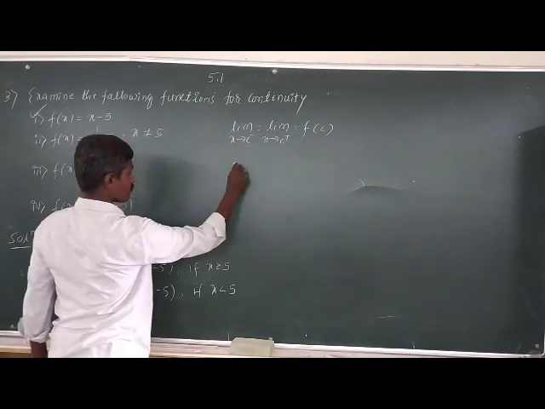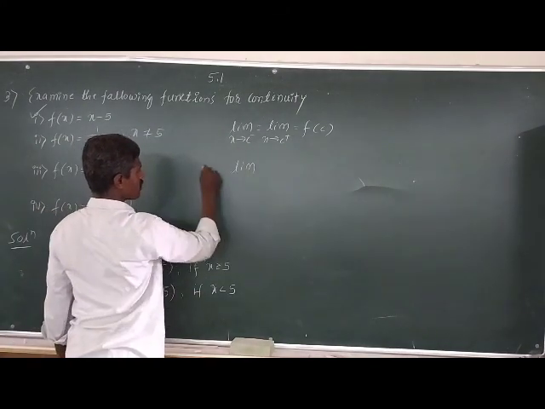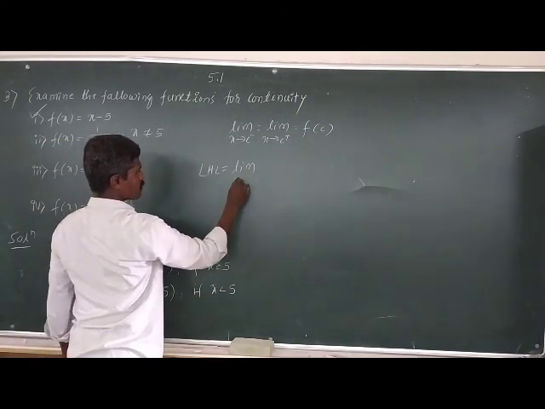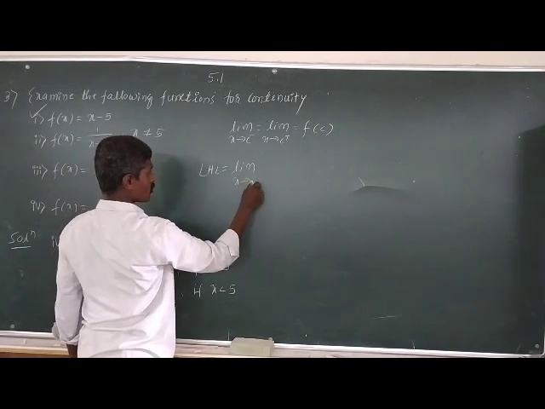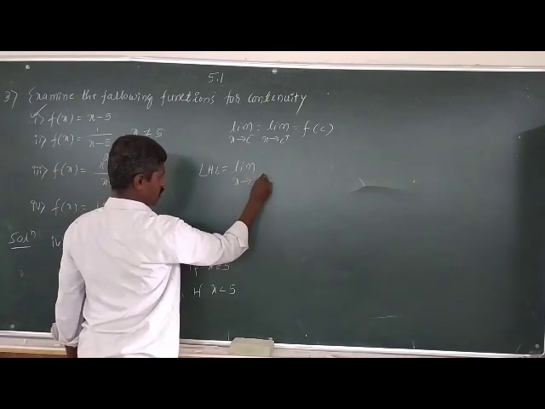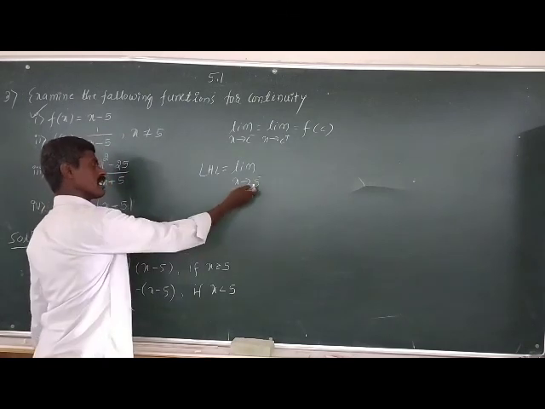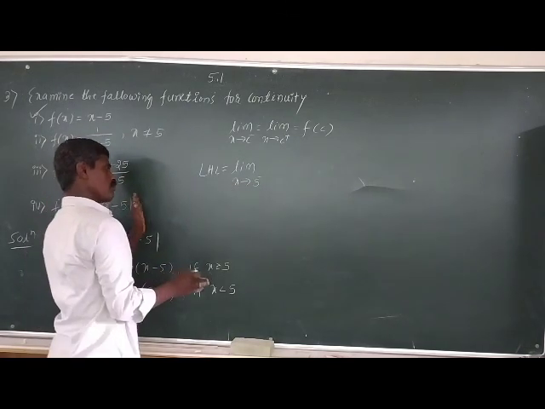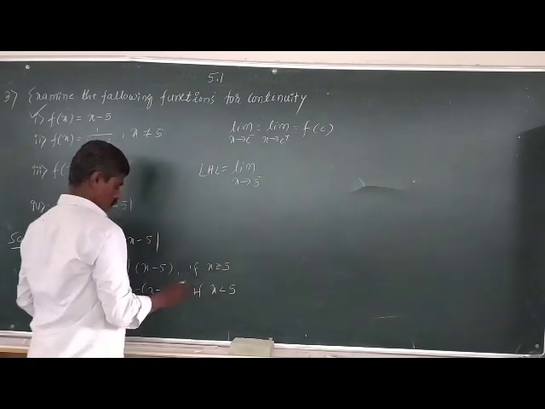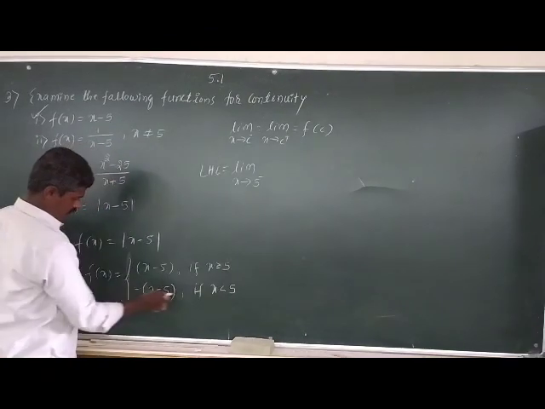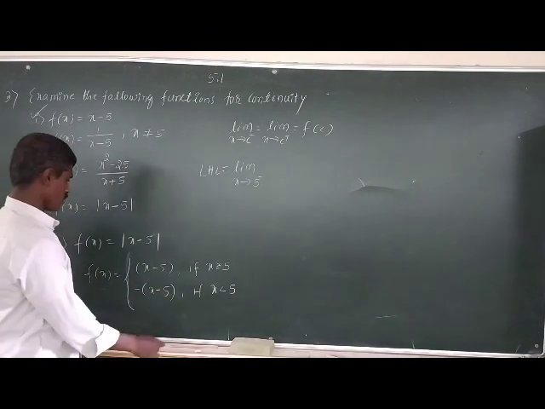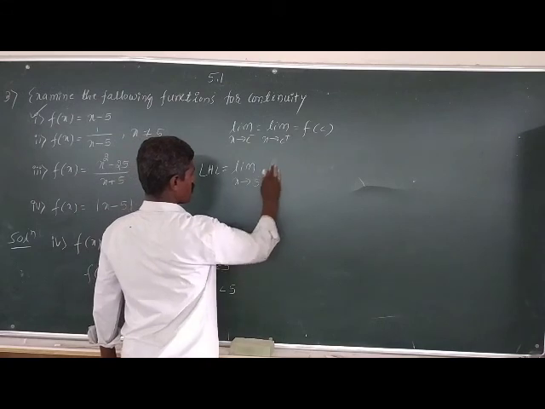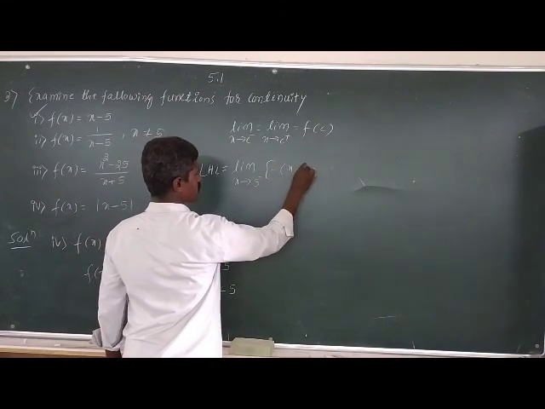Now, for the left hand limit, that is LHL, equals the limit as x tends to 5 minus. Here c is nothing but 5. 5 minus means left hand limit, moving from left to right. So when x is less than 5, the function is minus of x minus 5.